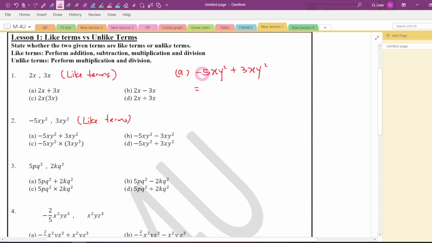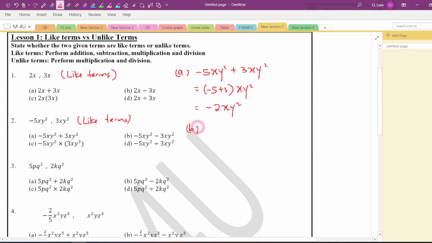So negative 5 plus 3, you will get negative 2. If you want to show the step, you actually can do it this way, but normally we do not do it this way. Negative 5 plus 3, and then you just copy the variable xy squared. You will get negative 2xy squared.